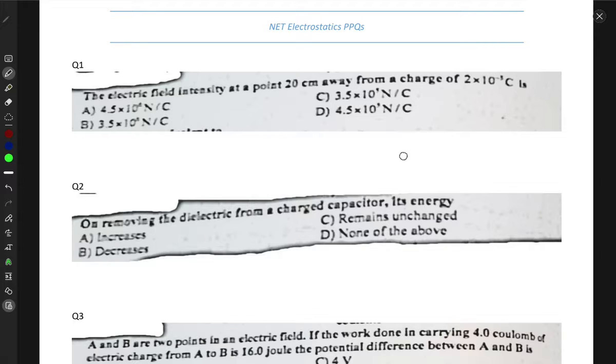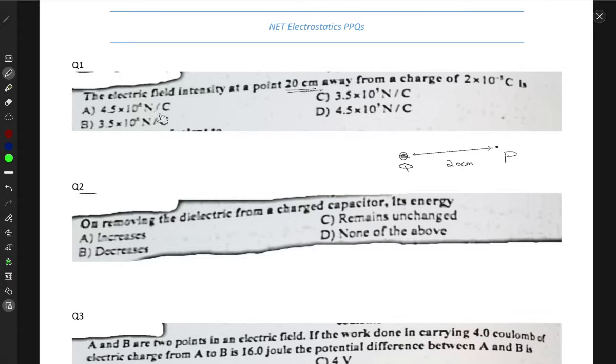You have a charge, let's say the charge is q, and there is a point that is 20 centimeters away. Let's just call this point P. The distance from this charge to this point P is 20 centimeters.